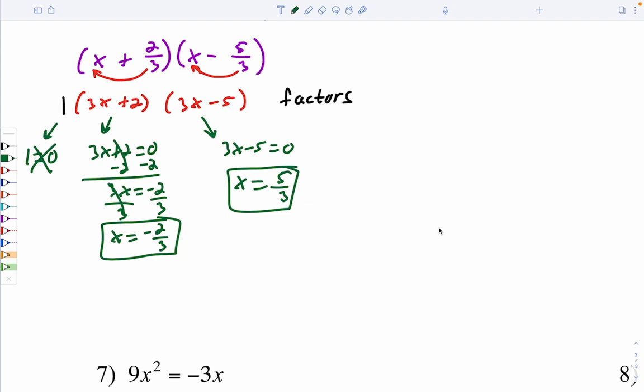You will do factoring more than any other skill I teach you in pre-cal. You will do factoring more than any other skill I teach you in calculus. It never goes away. You've got to make sure you're getting factoring down. You will see it over and over again for every math class from here on out. So make sure you're getting comfortable with factoring.